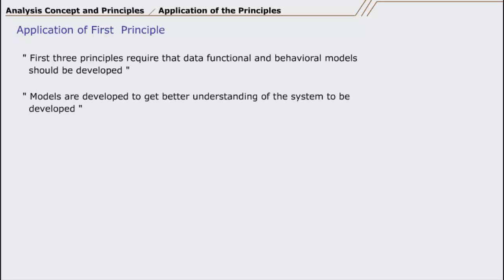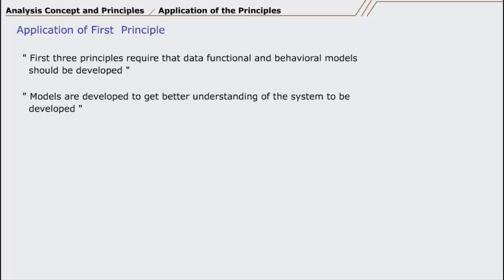Data model, functional and behavioral models are created to get a clear understanding of the desired system. The models must represent the data which is to be transformed by the system, the function which will transform the data, and the behavior of the system when transformation is taking place.